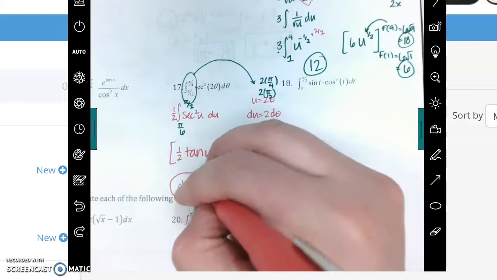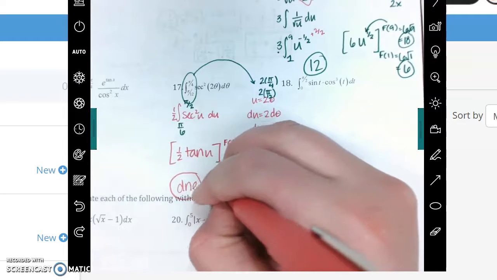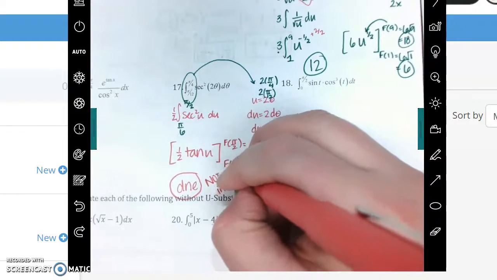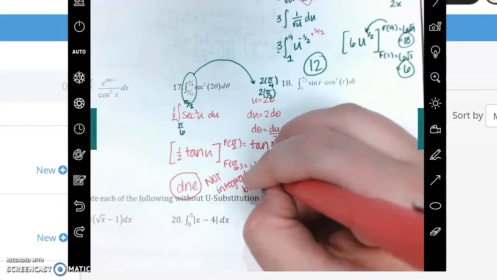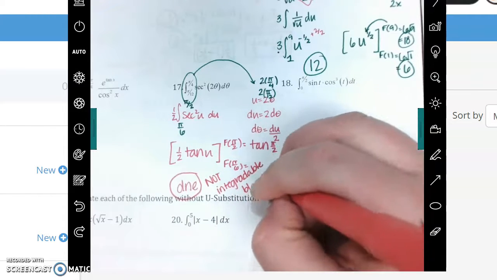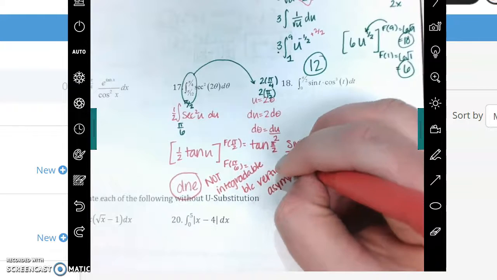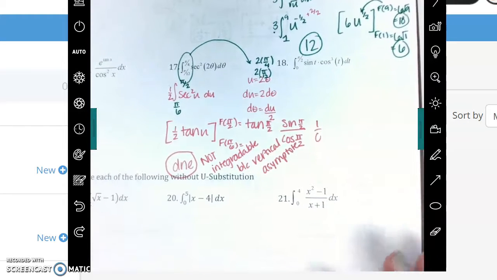No. This is not integratable, and it's not integratable because there is a vertical asymptote. I cannot find the exact amount of space under a graph that goes up forever and ever and ever and doesn't actually have a specific amount of area. Okay?